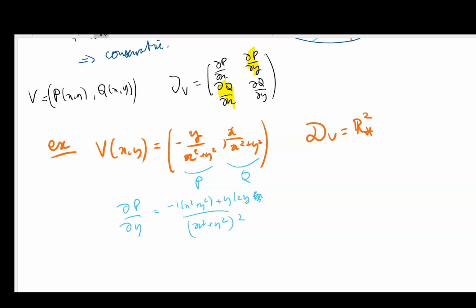So this is just going to give me 2y² minus y², so that's y² minus x² over (x² + y²)².